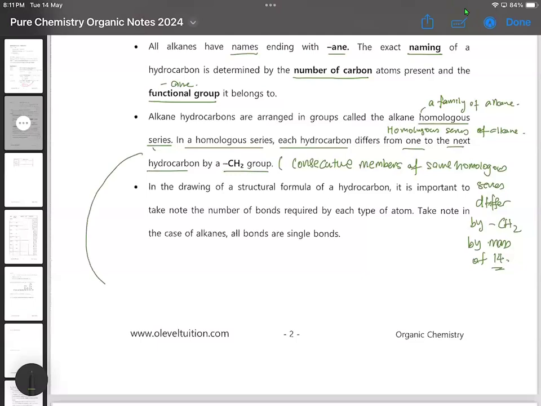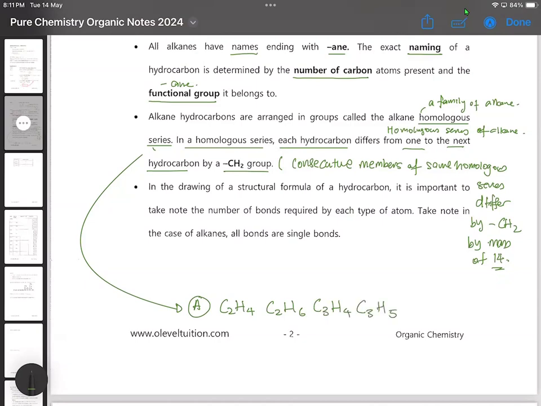For example, I have option A, a compound that is C2H4, C2H6, C3H4, C3H5, C3H6, and let's say C4H6, C4H8.